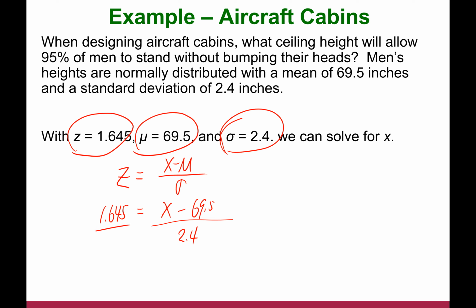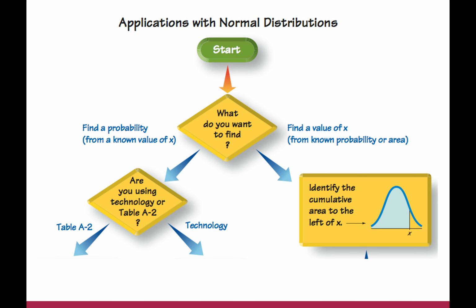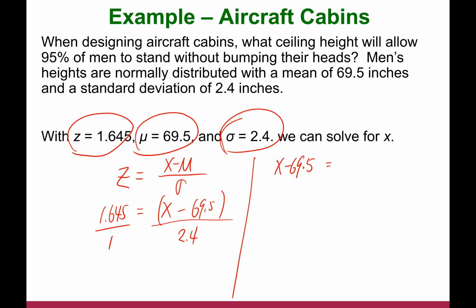Now cross multiplying, you get x minus 69.5 equal to 1.645 times 2.4. Then you add 69.5 to both sides of the equation to get a result.